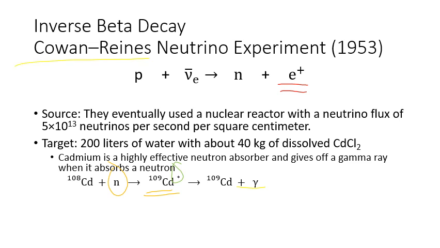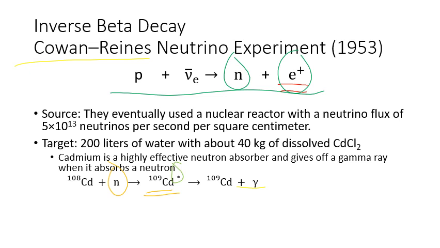The only thing that's going to produce 3 gamma rays for every event is this inverse beta decay, because we've made a free neutron that isn't attached to anything and is available for the cadmium to absorb, and we made a positron that's going to annihilate and produce a pair of gamma rays. So we're going to get 3 gamma rays every time this event occurs.